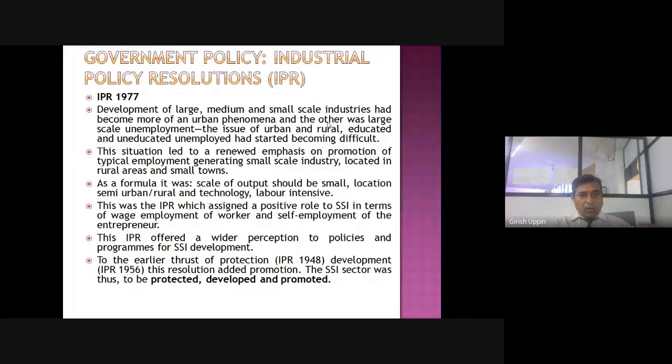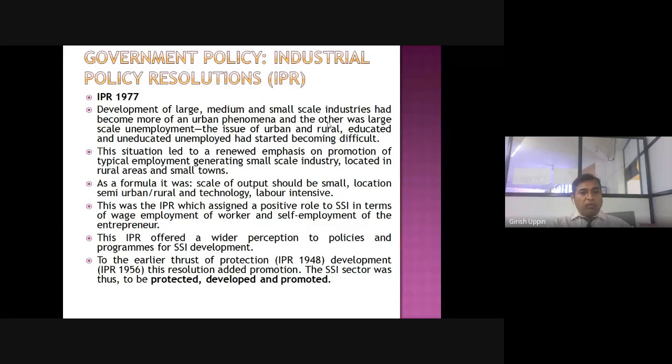So the output produced by the industry should be small, the location should be either rural or semi-urban, with local technology, and that industry should be labor intensive, so that more people can be employed.